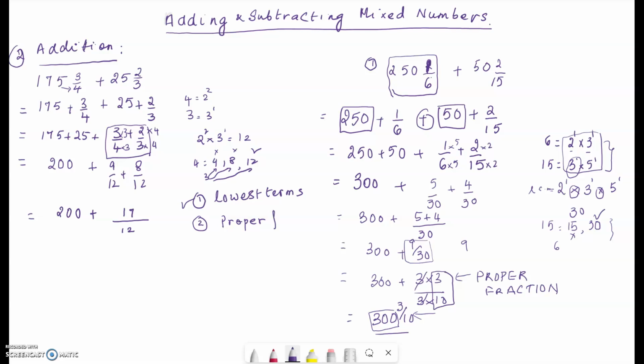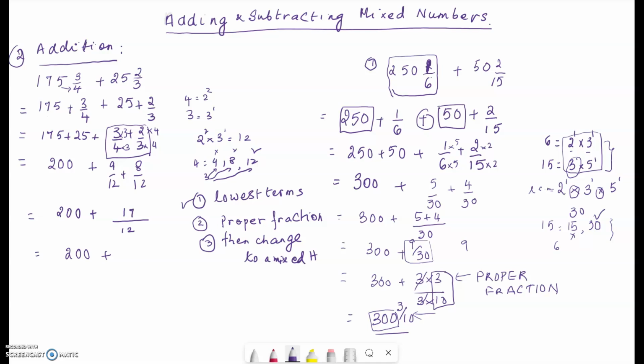If it is not a proper fraction, you cannot combine the two numbers together. So this is equal to 200 plus. If it's not a proper fraction, then change it to a mixed number. Change the improper fraction, in this case, to a mixed number.